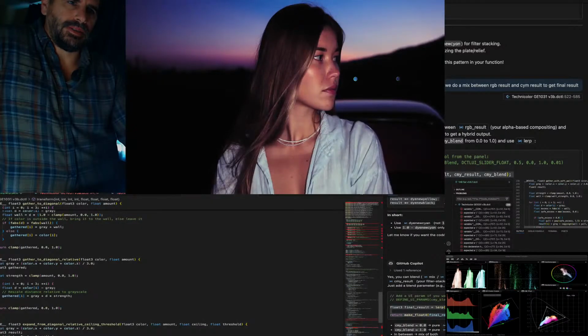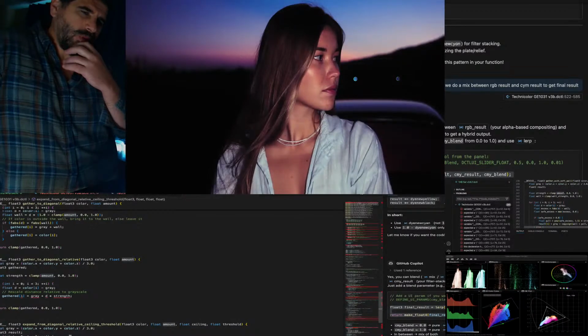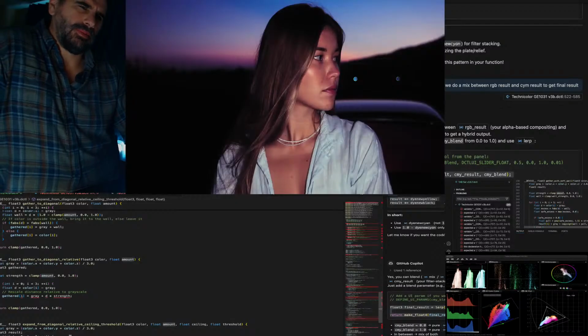Amount is our strength, so it always starts at 1. Yeah, that's fine. So we're increasing over 1 so that it's multiplying.